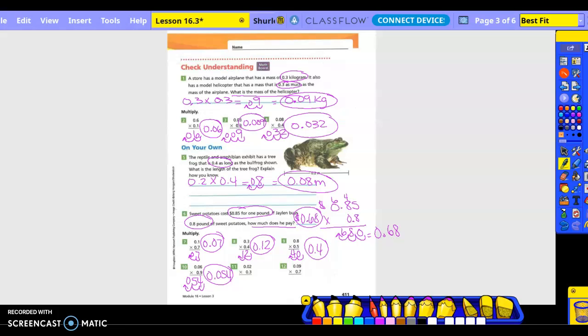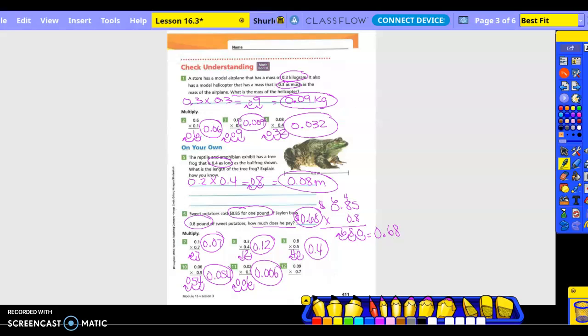Okay. Next one, I pretend like there's no decimals. 2 times 3 is 6. How many decimals do I have on top? 2. How many do I have on bottom? So how many loops? 3. 1, 2, 3. And I put in zeros to hold my spot. So my answer is 6,000.